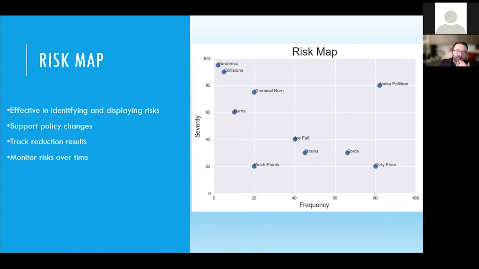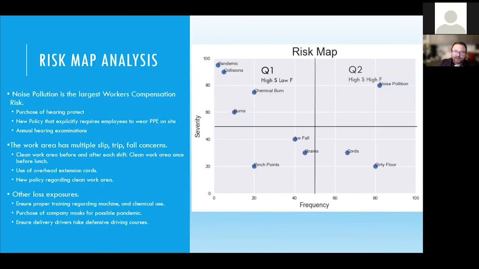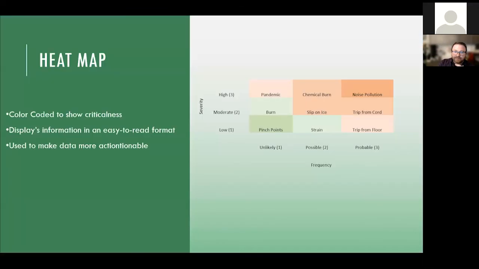But if somebody who didn't know what a risk map was looked at it, they're not going to be able to say, okay, yeah, I get that a dirty floor is happening a lot, but it's not too severe. As much as this will, because then this really breaks it down for them and gives them an idea like, oh, geez, looking at that red's not good.